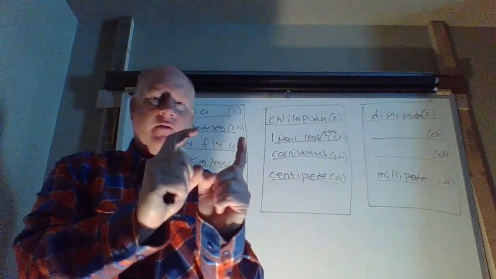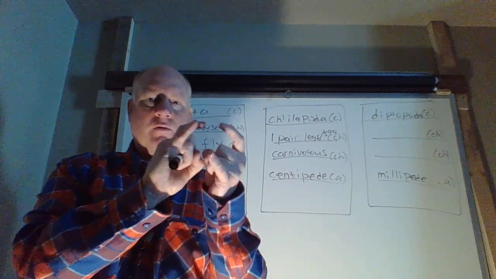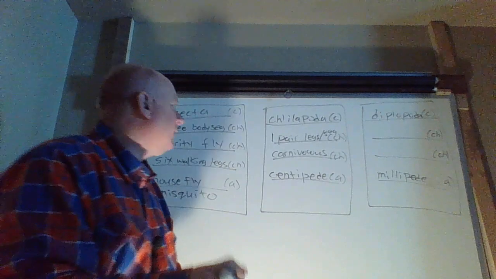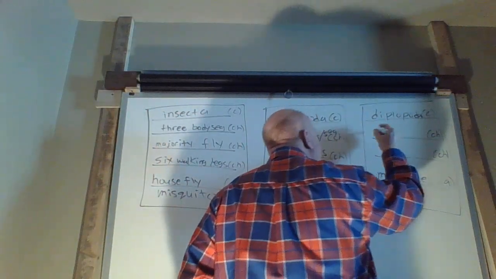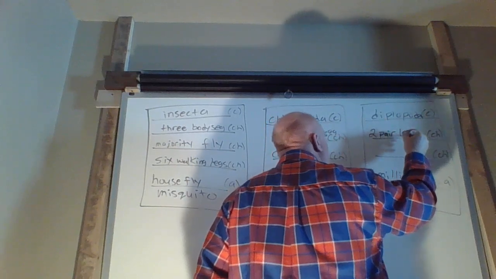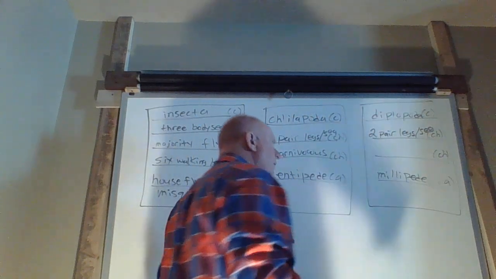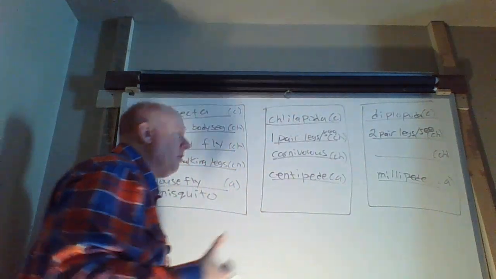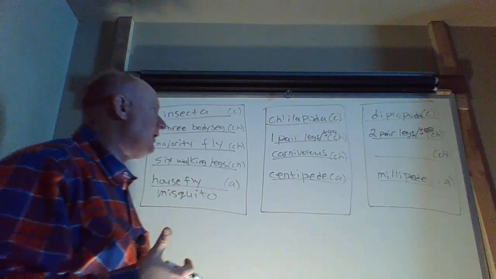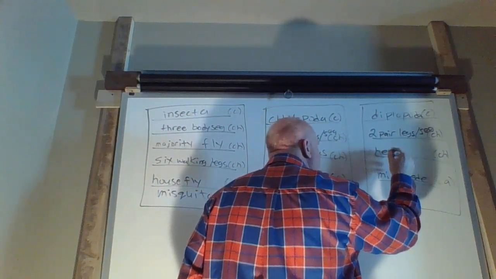Remember, centipedes have one pair of legs where millipedes actually have two. Okay, so we'll kind of look at it from the side here. 2 legs per body segment, or 2 pair legs per segment. Okay, I just don't quite have enough room in here, and I want to make sure that the writing's hopefully big enough that you can actually see that. And then finally, if they're not carnivorous, they're herbivores then.